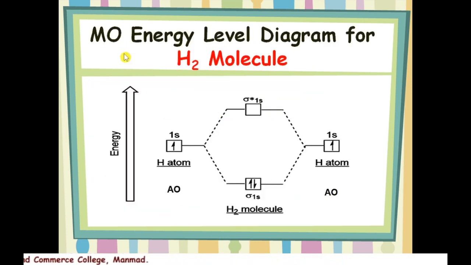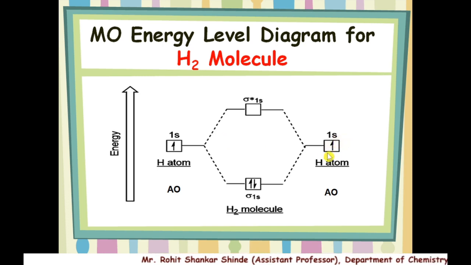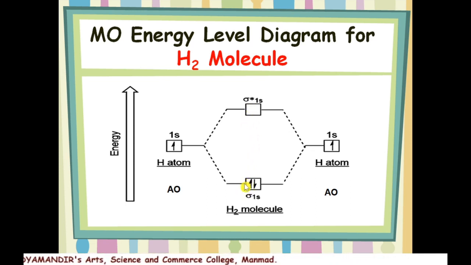Now let us see the molecular orbital energy level diagram for the H2 molecule. The H2 molecule contains 2 hydrogen atoms and 2 electrons. Here the atomic orbitals are shown on the left side and the right-hand side of this diagram, while in the middle the molecular orbitals are shown.